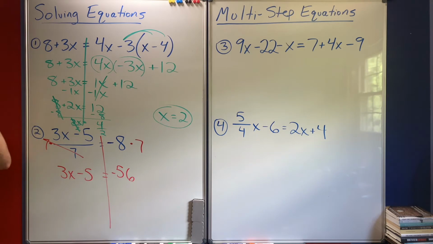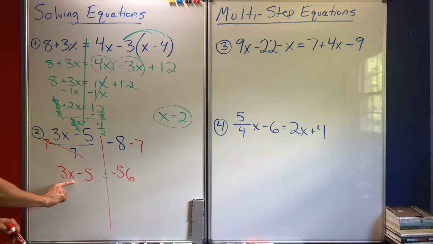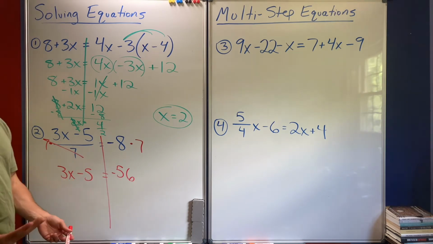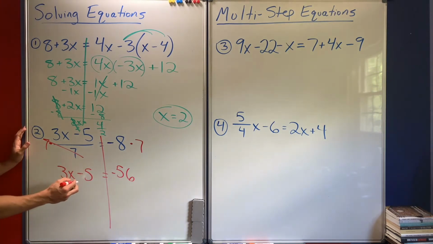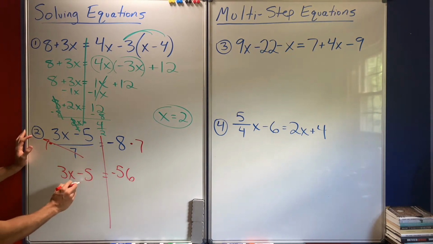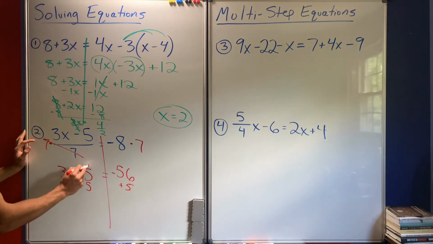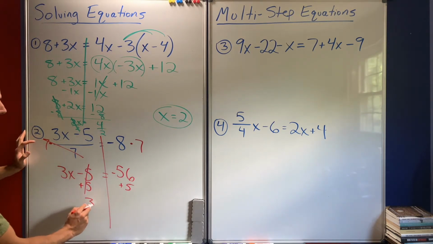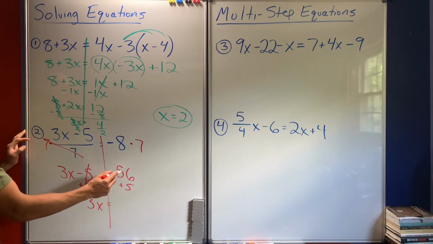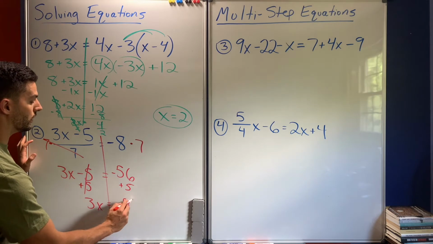Okay, so there's step 1. And now look at this. This is an equation that hopefully, this is a 2-step equation now, with a single x, that hopefully you know what to do. You know the pattern and know how to solve, right? So I cancel out the number without the x on this side first, plus 5 to both sides, and I get 3x equals negative 56 plus 5, takes me to negative 51, okay?